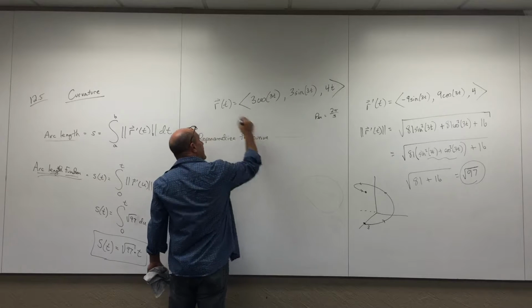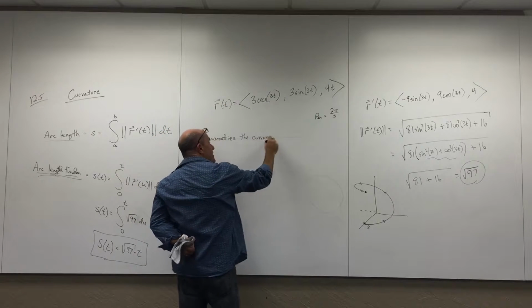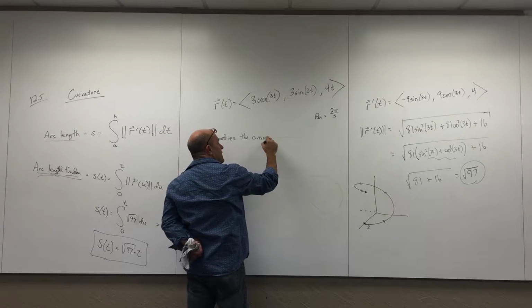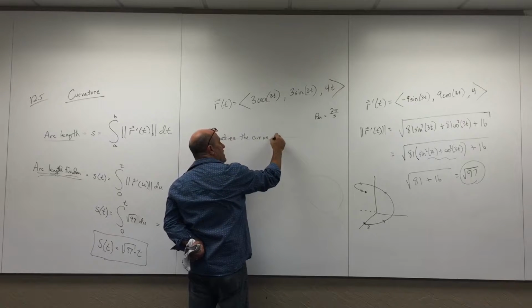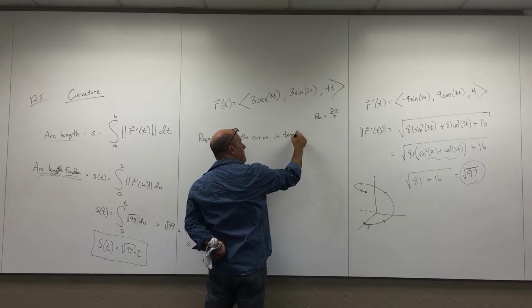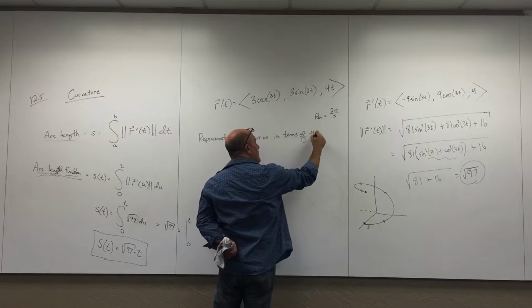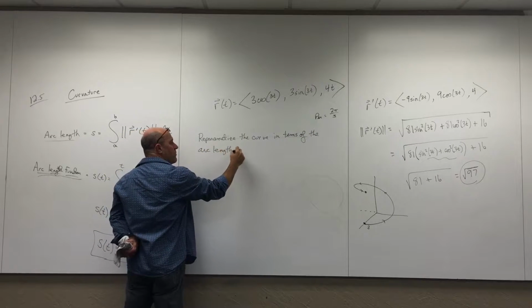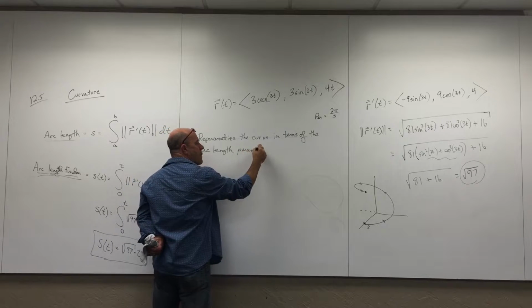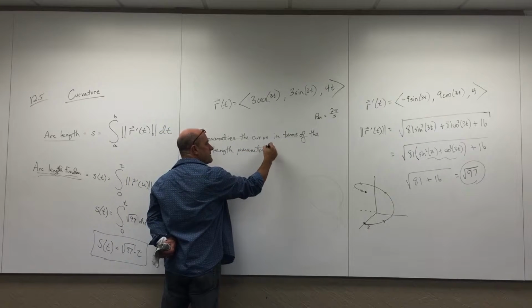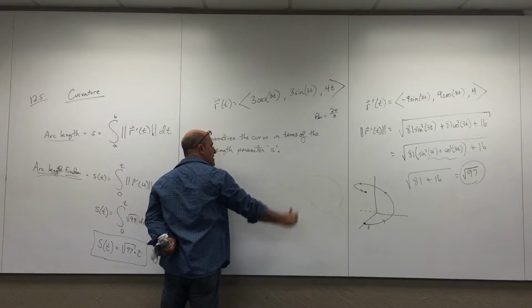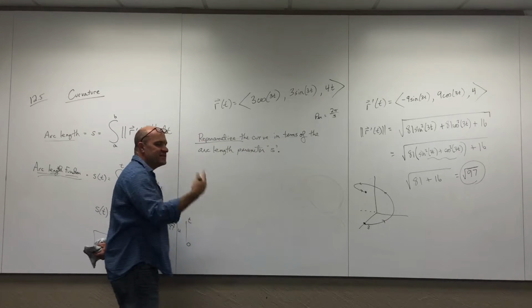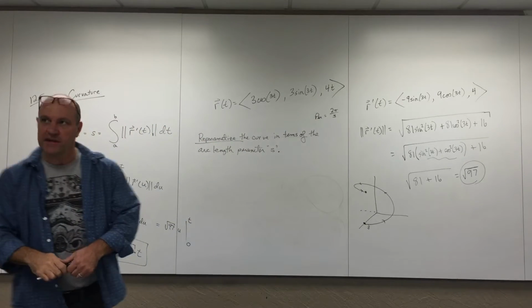And by the way, that's the curve. I want to reparameterize the curve in terms of the arc length parameter s. Okay, reparameterize the curve in terms of the arc length parameter s.